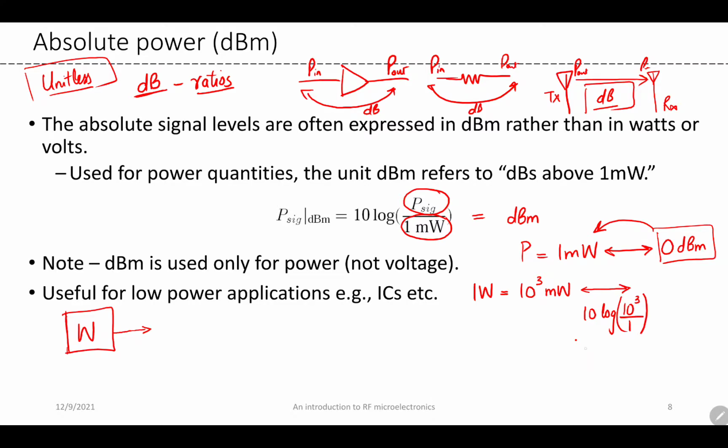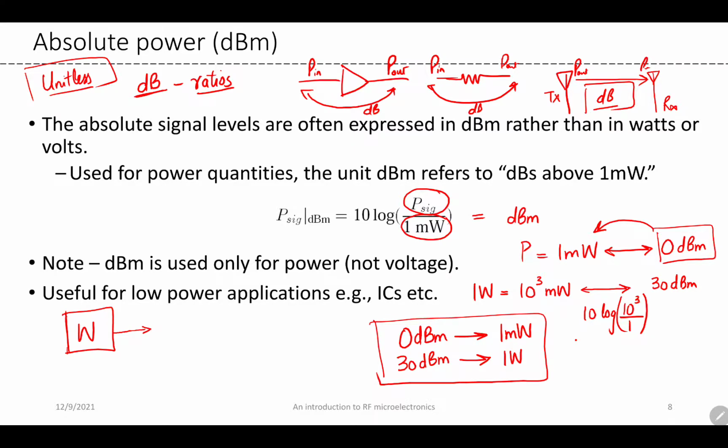So the 3 comes down and we have 30 dBm. So whenever I say 0 dBm, it corresponds to 1 milliwatt of power. If I say 30 dBm, it corresponds to 1 watt of power.